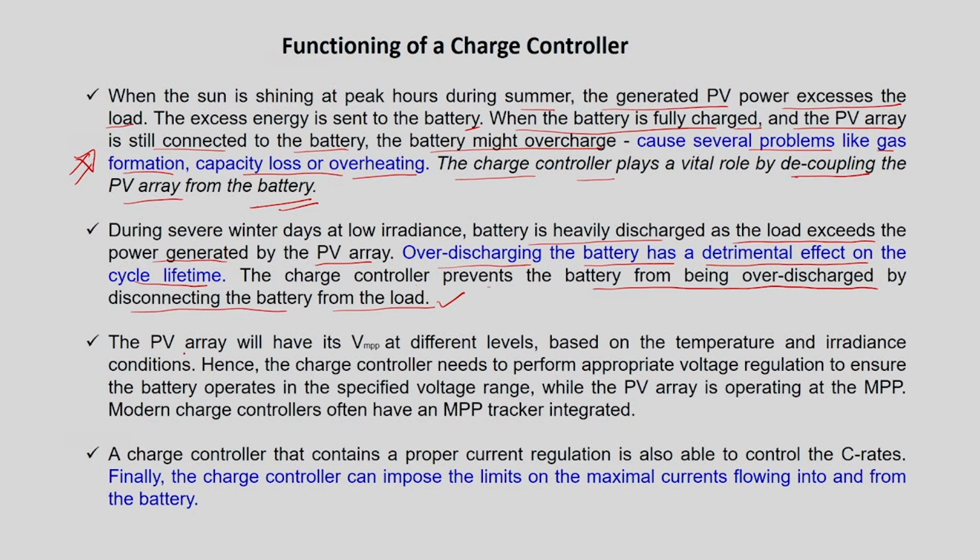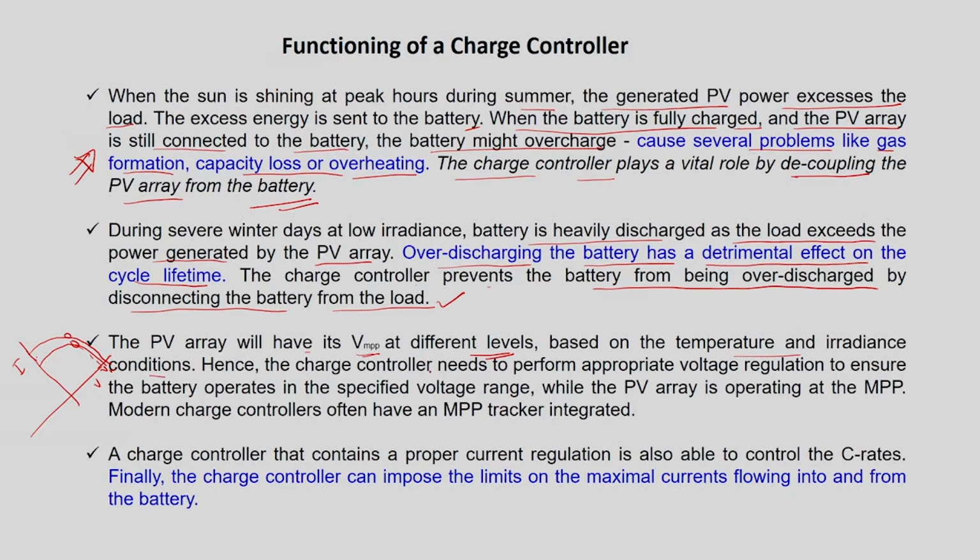Now, this PV array will have its MPPT, maximum power point, at different levels. As you can understand, if we remember the IV characteristics curve, this may be one irradiance and this may be another irradiance value. So, this value will change as irradiance changes. So, the PV array will have its maximum power point at different levels based on the temperature and irradiance conditions.